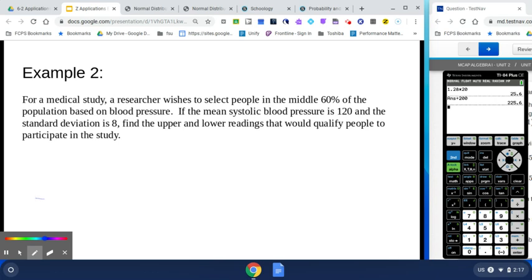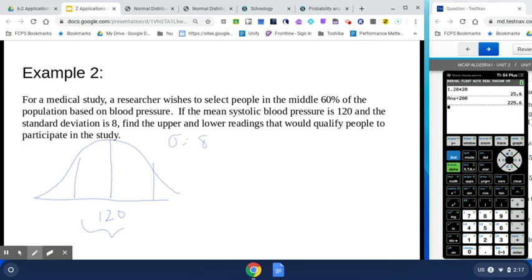All right, so here's our normal distribution of blood pressures, centered at 120 with a standard deviation of 8. We're looking for the middle 60%, so that means that area would have to be 60%.